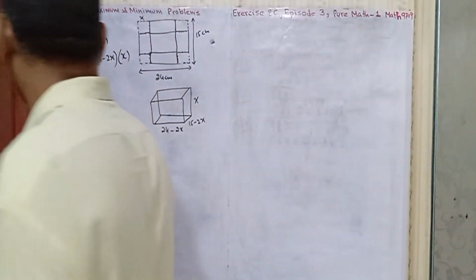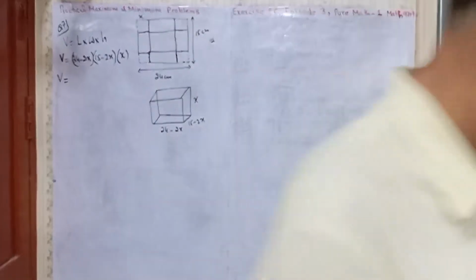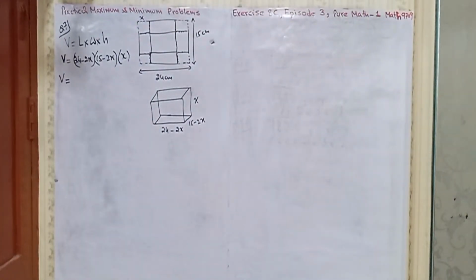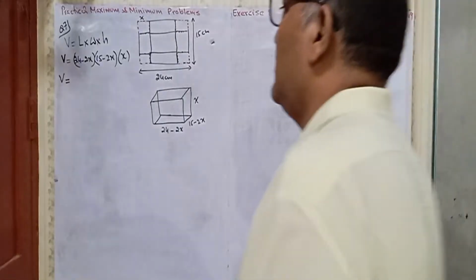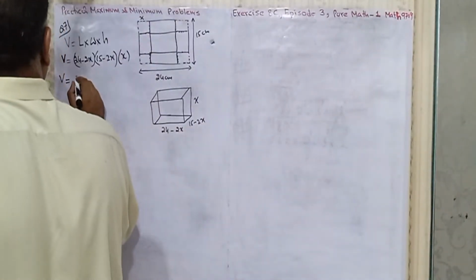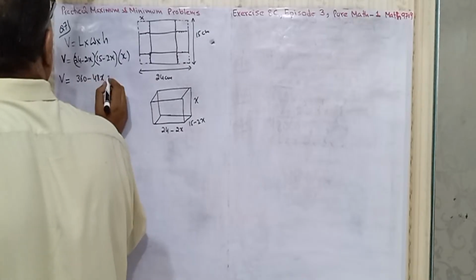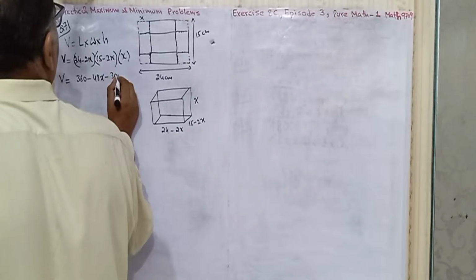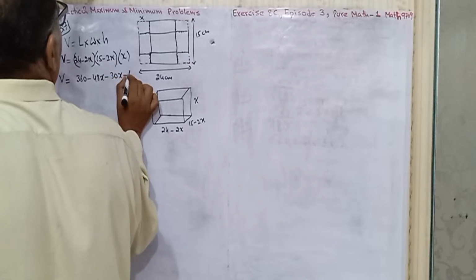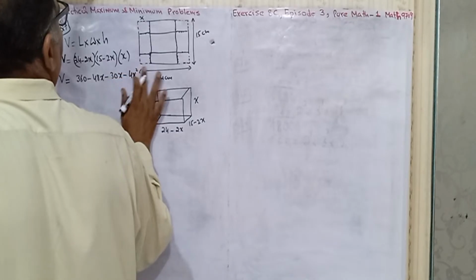So first of all we have to multiply the first 2 brackets. 24 multiply 15 will give you 360, then minus 48x, then minus 30x, then plus 4x square.